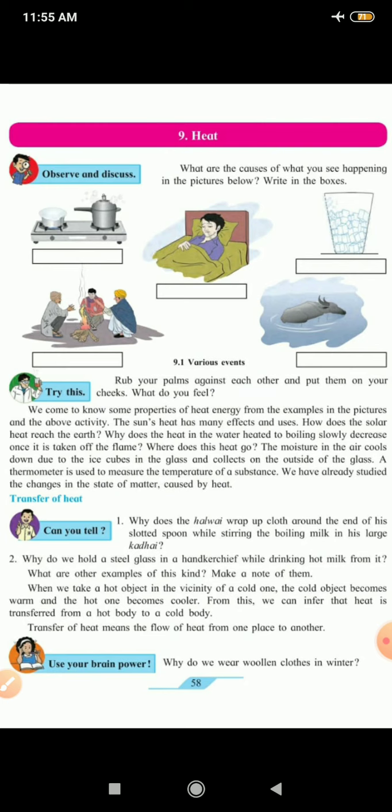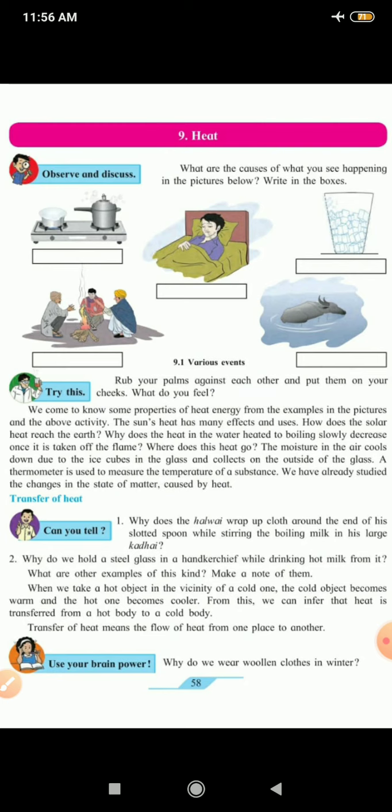The moisture in the air cools down due to the ice cubes in the glass and collects on the outside of the glass. A thermometer is used to measure the temperature of a substance. We have already studied the changes in the state of matter caused by heat. Now, let us learn what we mean by transfer of heat.